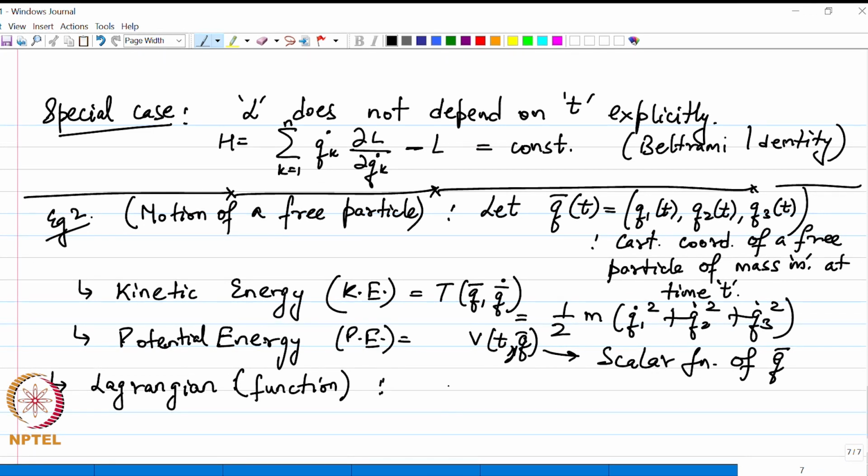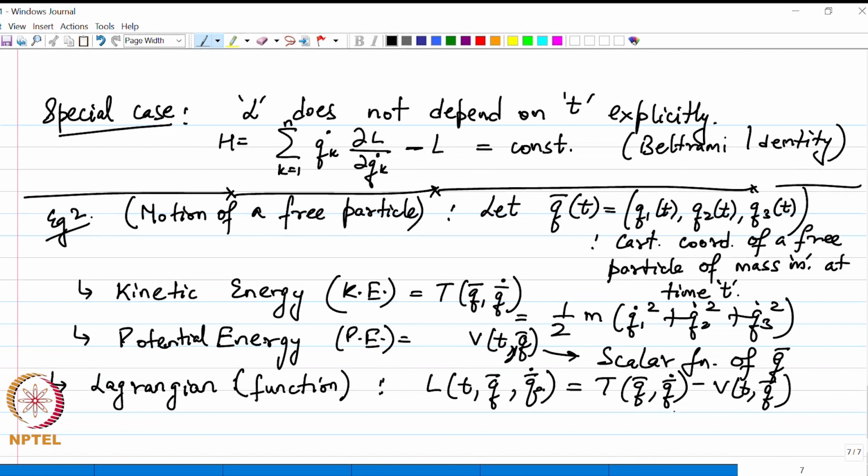It is a function described by L of t comma q bar dot, which is equal to T of q bar dot minus V of t comma q bar, right.